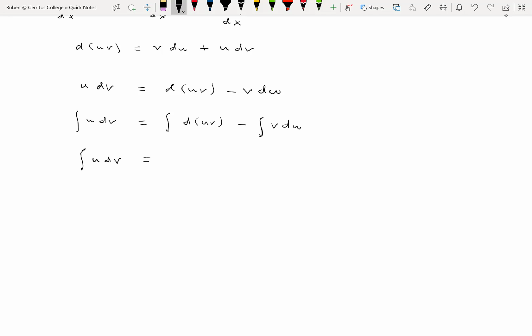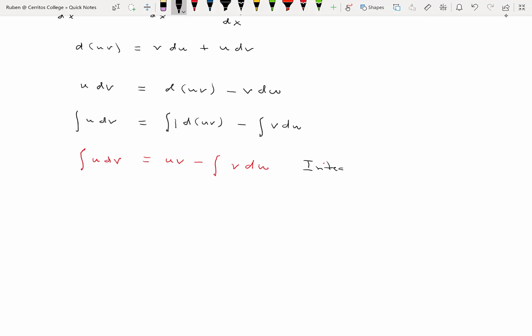The integral of 1 d(uv) is just uv, minus the integral of v du. Everything except for that last line is secondary. That last line is the most important thing. That last line right here, that I'm going to highlight in red, is simply the most important thing. This is called the integration by parts formula.